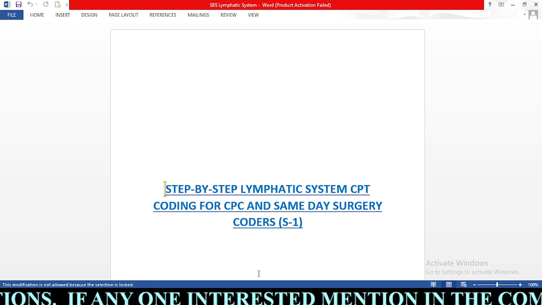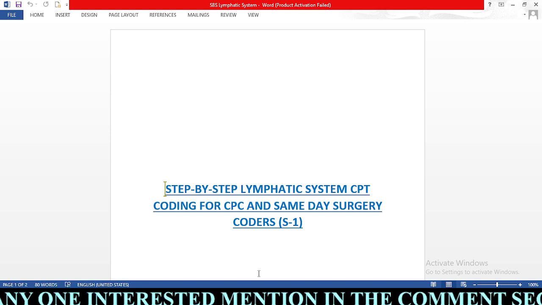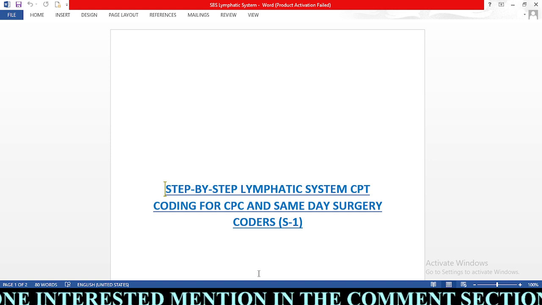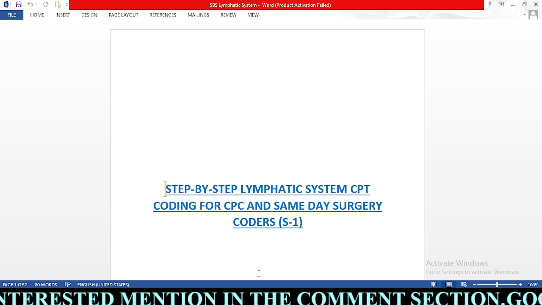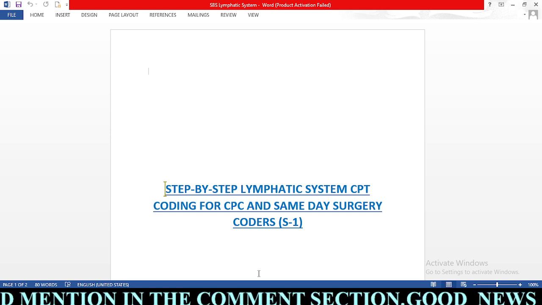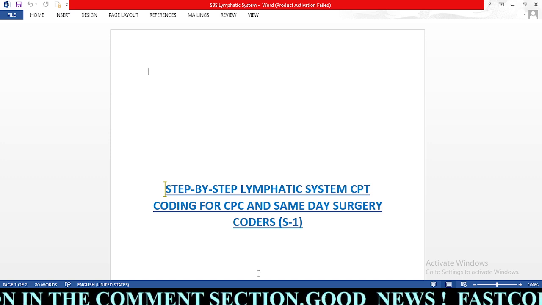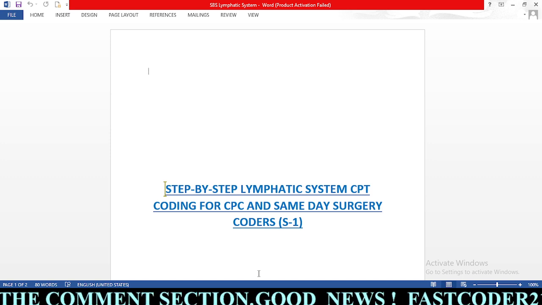If you are trying to learn the lymphatic system, we need to know what conditions we will find while coding in ICD-10-CM or CPT or PCS. While coding, we will find most of the time lymphadenopathy and lymphoma.